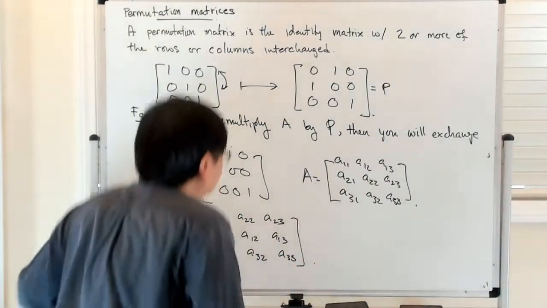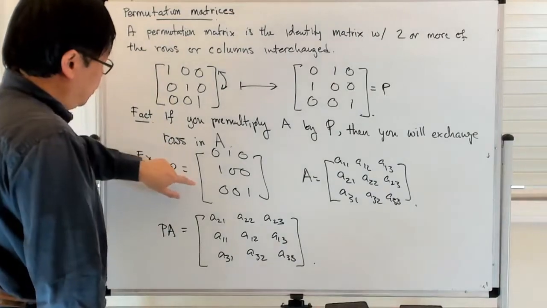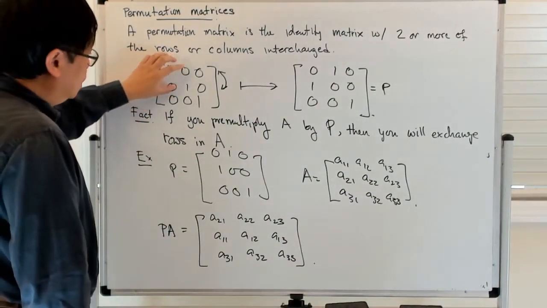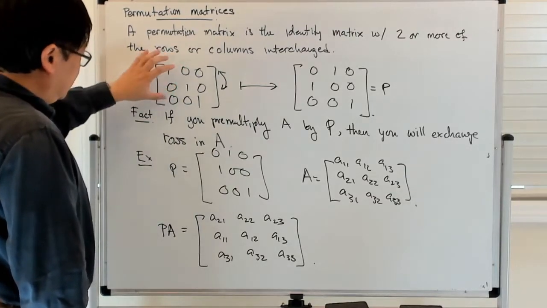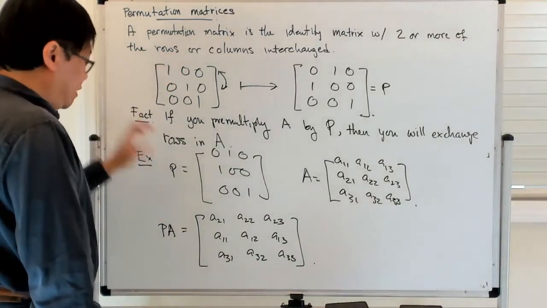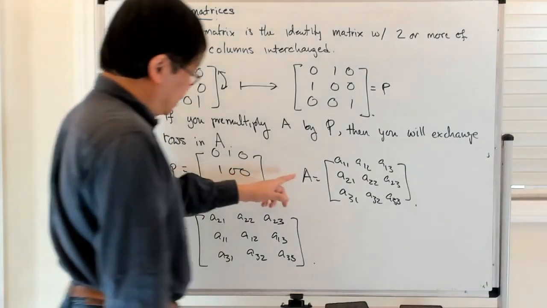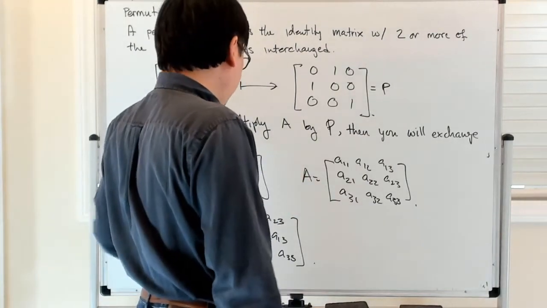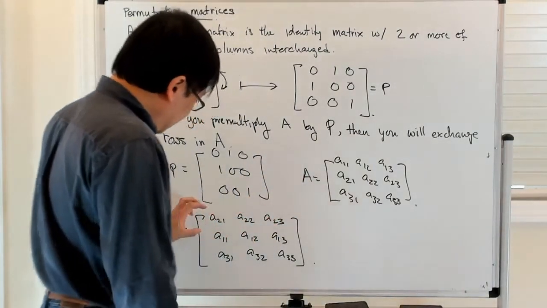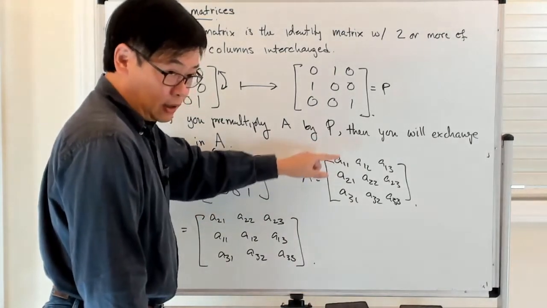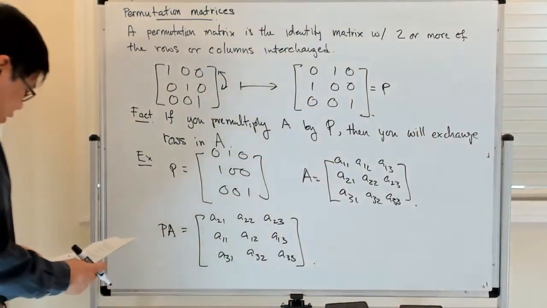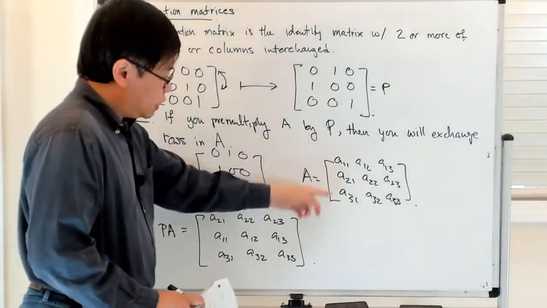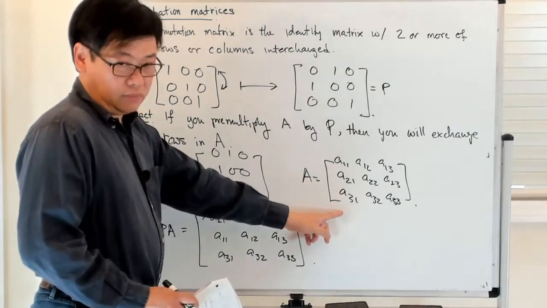If you recall, the way we got this P matrix was by interchanging rows 1 and 2 of the identity matrix, and when you multiply A on the left with P, it has the net effect of swapping rows 1 and 2 as well. Hopefully you'll see that quite clearly, and if you're not convinced, you can work out the details of this matrix product yourself.